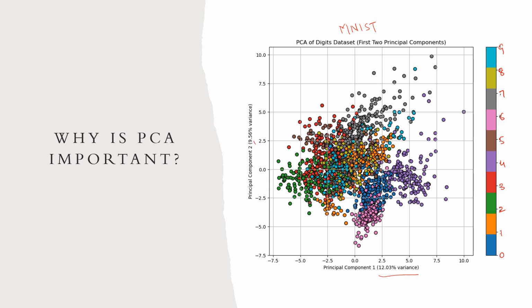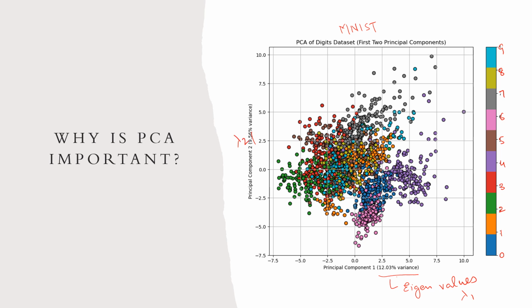So this variance is 9.56. This variance is 12.03. And these variances are nothing but your eigenvalues. So this is your lambda 1 and this one is your lambda 2.